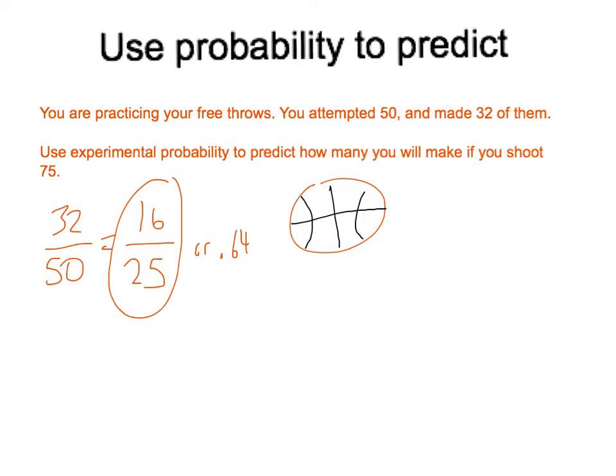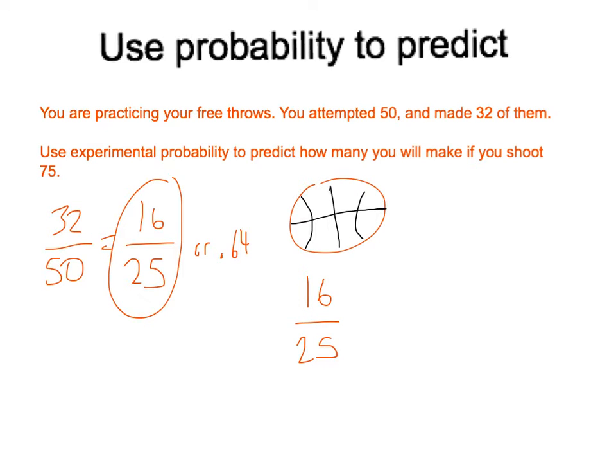Now, if you make 16 out of 25, well, let's use experimental probability to predict how many you will make if you shoot 75. So we need to actually think back to last year and about ratios and proportions. So what I'm going to do is set up a proportion, and that is 16 out of 25.